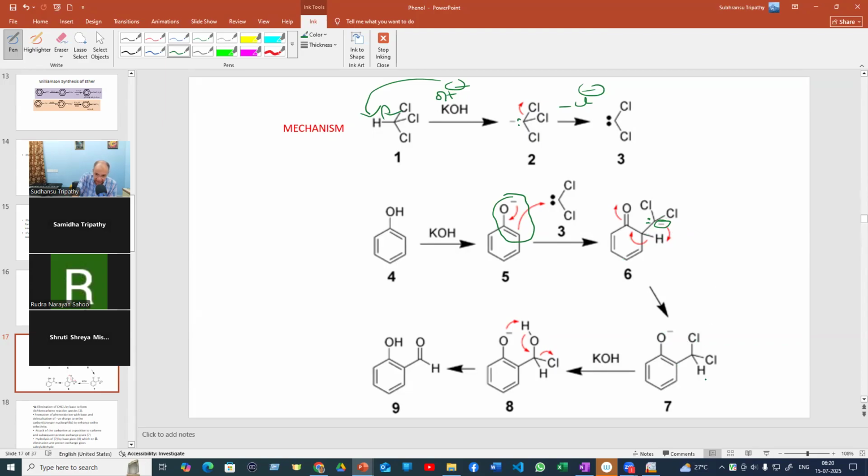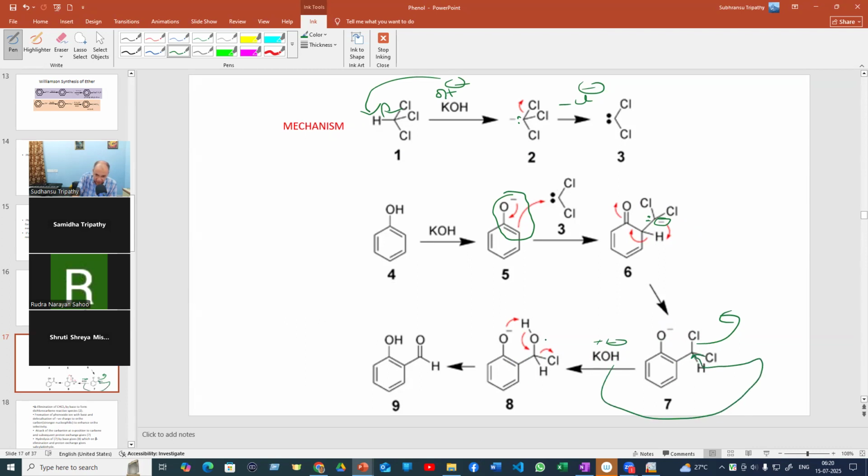OH minus substitutes a chloride to produce OH. And there is again a proton transfer and bond transfer, another chloride ion goes. So the third mole of KOH will make it aldehyde.